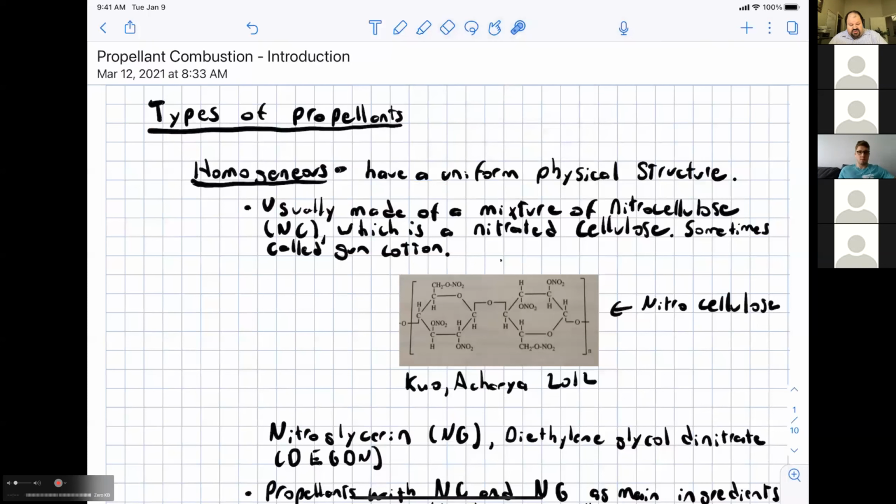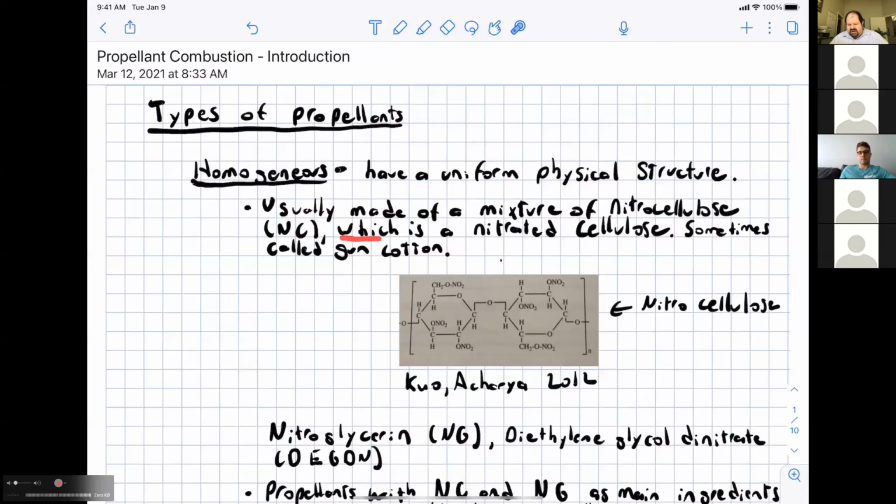And so what makes a homogeneous propellant homogeneous is that the solid structure of the propellant has a uniform physical structure. And for practical homogeneous propellants, they are usually made of a mixture of nitrocellulose. I'm going to use the acronym NC for nitrocellulose, which is a common one.